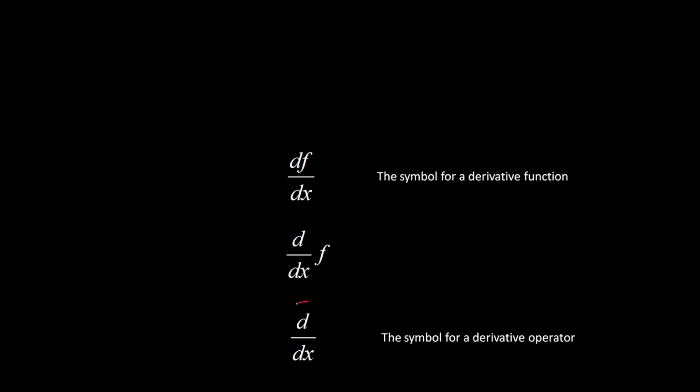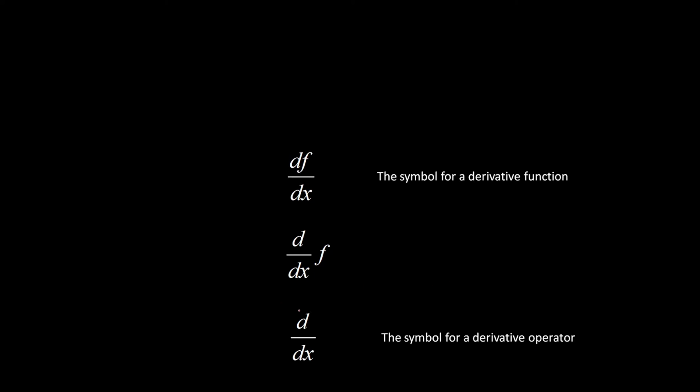And then what's left, this, is then what's called the derivative operator. Now, operator notation is not something we're going to talk about. However, the notation is used in our book and is commonly used at this point in calculus, although operators themselves are more advanced topics.